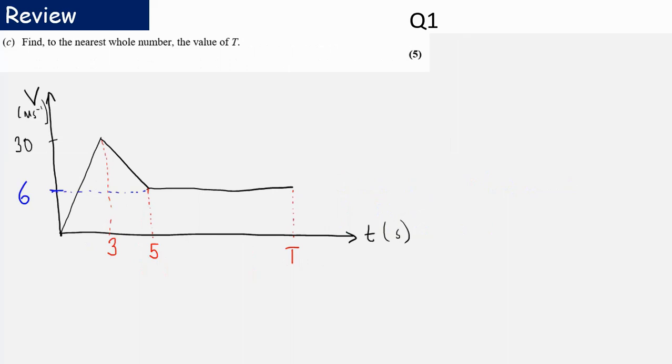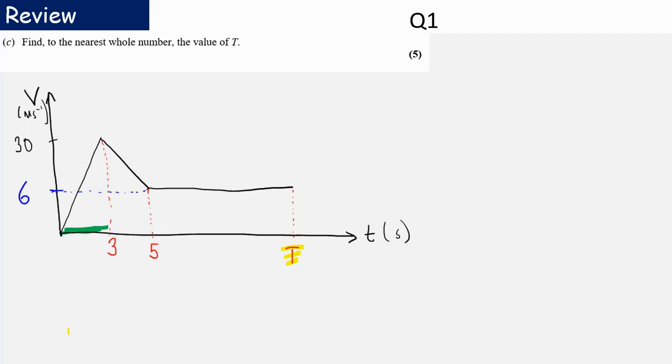Question 1c actually asks us to go ahead and find this value of t. So I could look at doing this with SUVAT, but if I did, the things you'd have to bear in mind are that you'd have to do SUVAT on this part first, where you were accelerating at 10 meters per second squared.